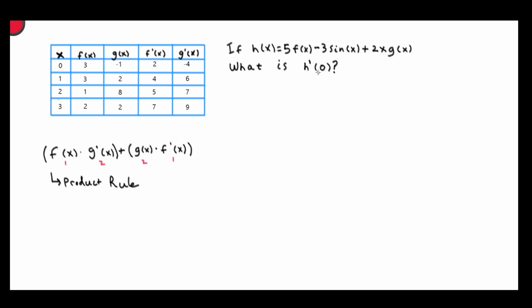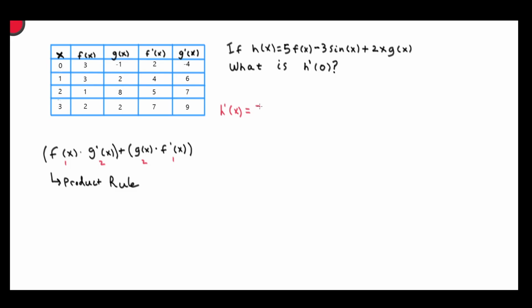So the first thing I like to do is rewrite this function in terms of the derivative. So we'll have h prime of x. Now we look at this first term here, we have 5 times f of x. So we know the 5 is just going to be multiplied by whatever this function is. So we only have to find the derivative of f of x here.